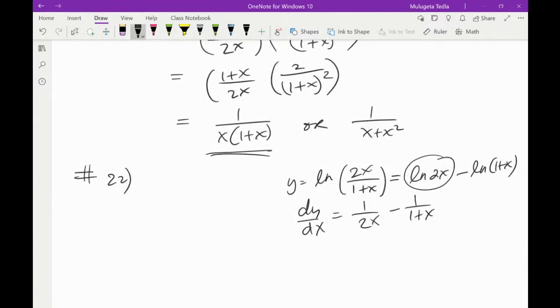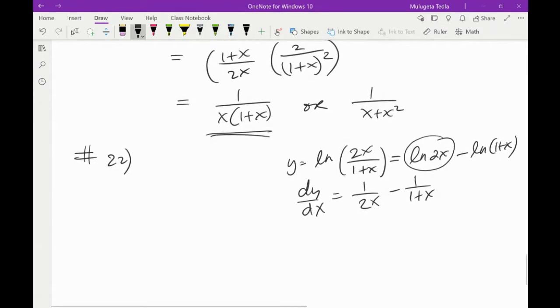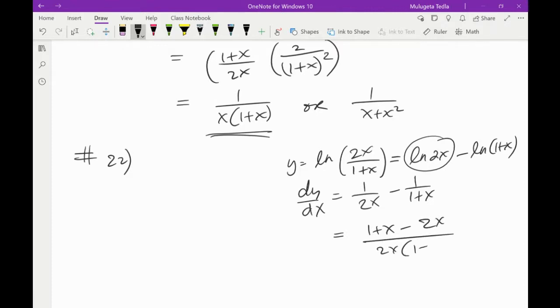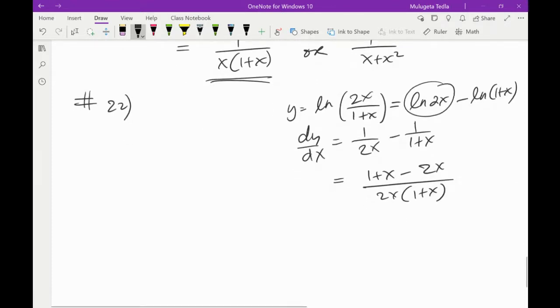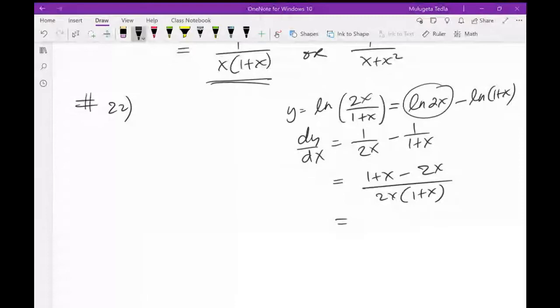If you join this together, I'm sure you should get the same answer. So you have 1 plus x minus 2x over 2x times 1 plus x. So what do we get? So 1. Did I mess up somehow?